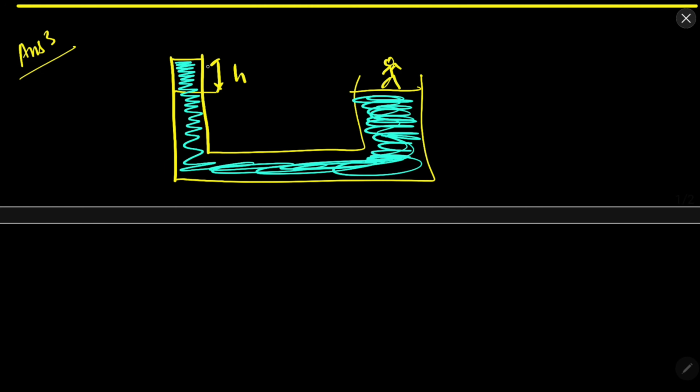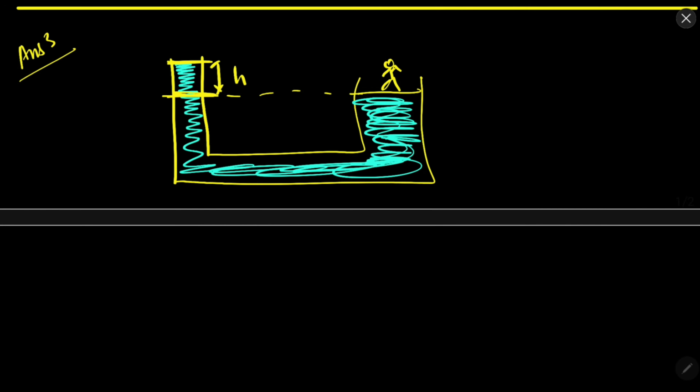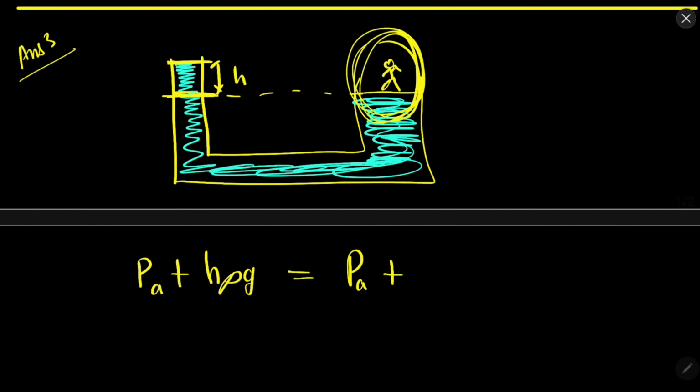So we need to find this difference. Now, how can you find this? In one part, pressure is due to air plus h rho g of water, and in the other part, pressure is due to air plus force upon area, given by this.